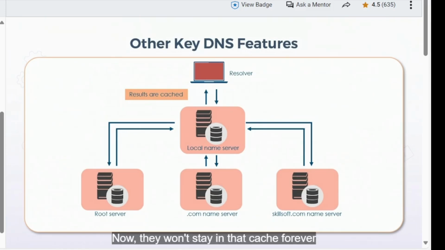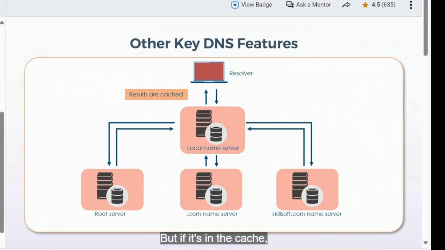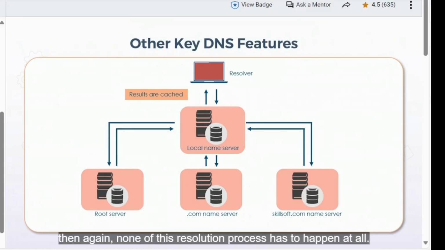Now they won't stay in that cache forever because the name of a system could change, as could its IP address. But if it's in the cache, then again, none of this resolution process has to happen at all. You will simply see that it's in the cache and you'll contact that system directly without having to go through any of that iterative process.